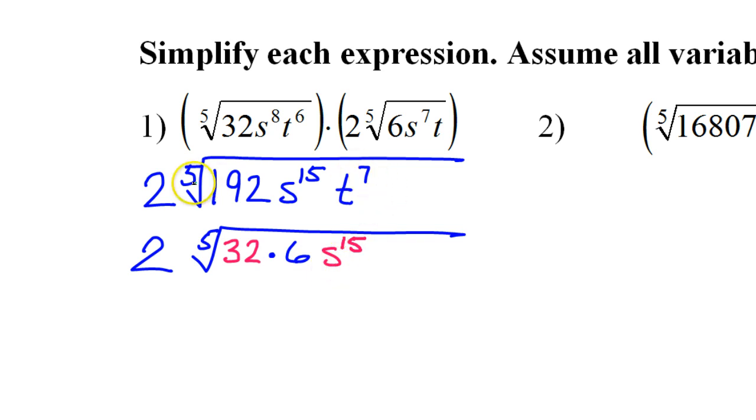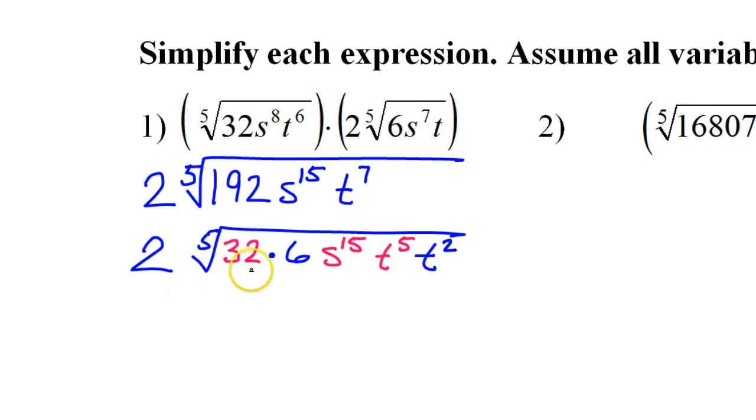Now, 7 is not divisible by 5. So I'm going to break this up. The closest number that is divisible by 5, less than 7, is 5. So I'm going to split up this t to the 7th power as t to the 5th power with 2 t's left over. Okay, so t to the 5th power times t squared.